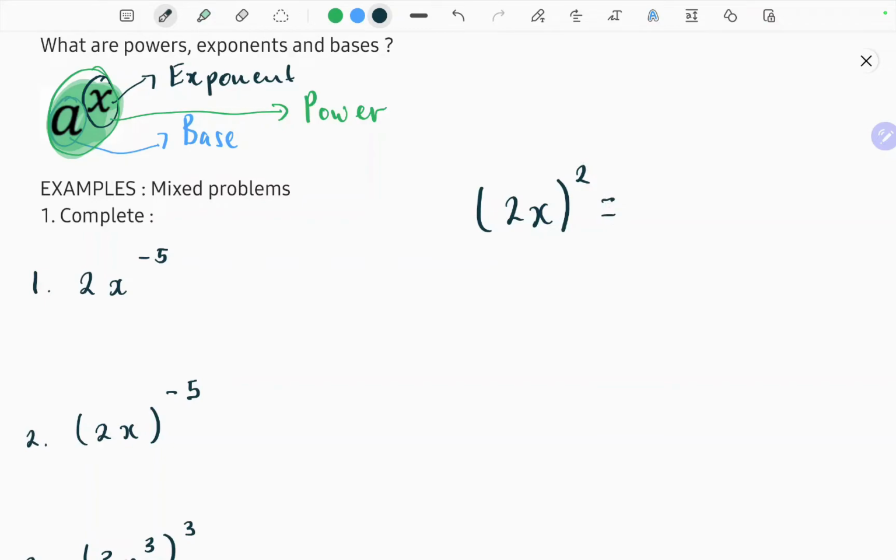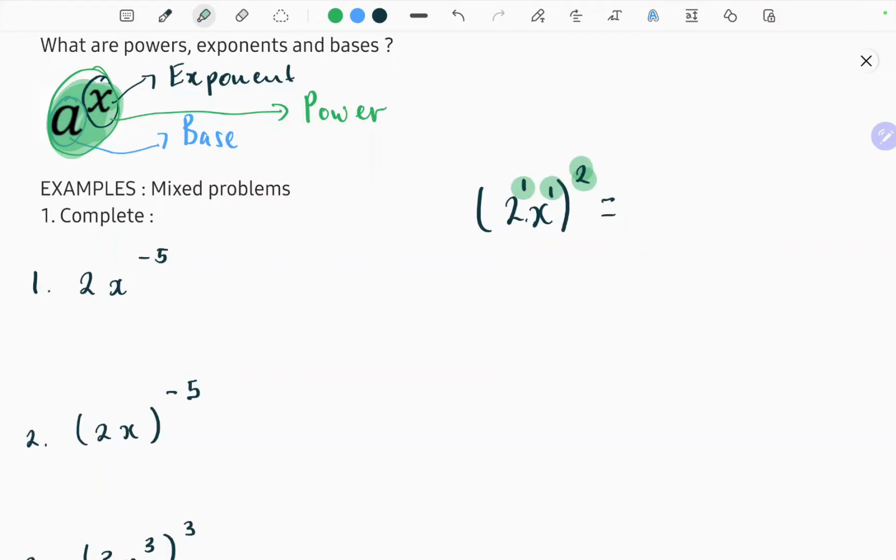This law of exponent is called power raised to the power. In other words, whatever powers are inside the bracket, in this case 2 to the power of 1 and x to the power of 1, whatever's inside should be raised to the exponent on the outside.